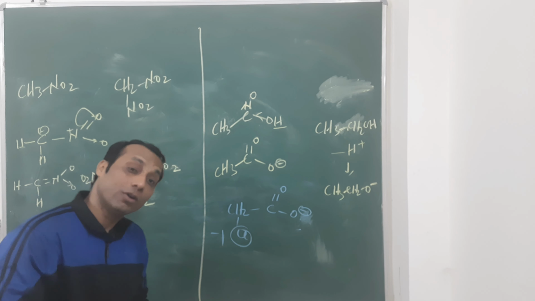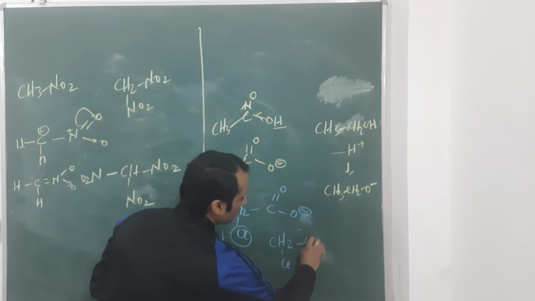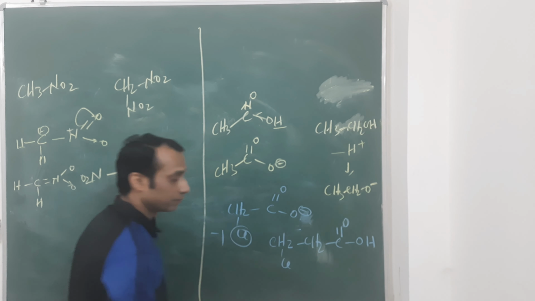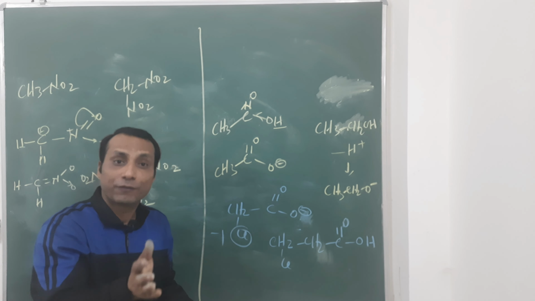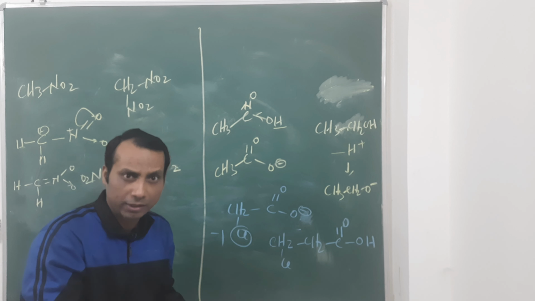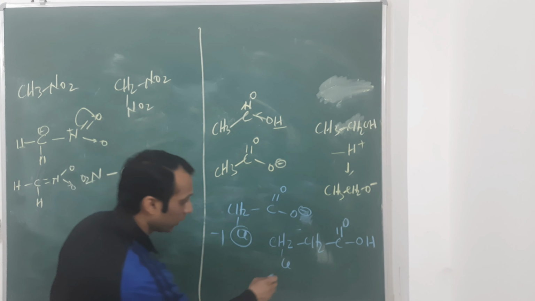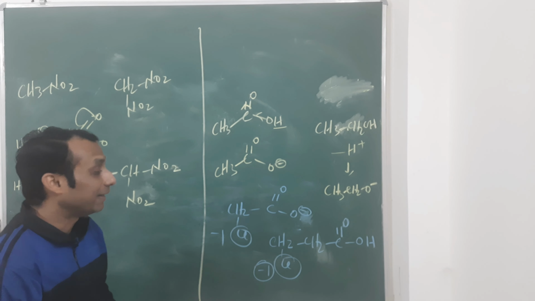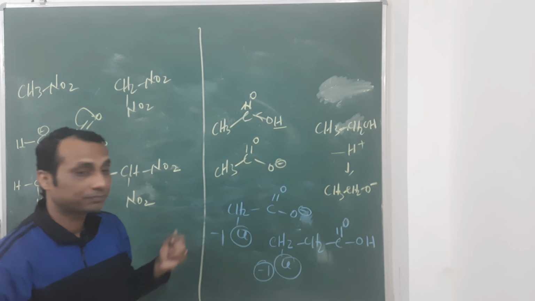Now what do you think about this compound, CH2Cl, CH2, C double bond OH? As we know, the inductive effect decreases with distance, either plus I or minus I. So here the Cl minus I effect will have less influence on this hydrogen than in the previous one.